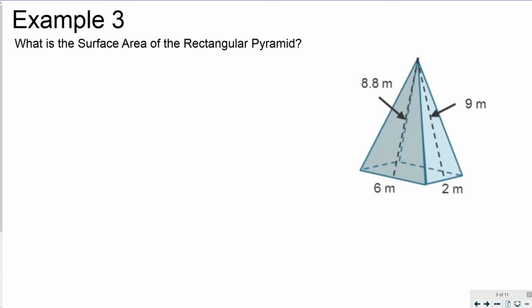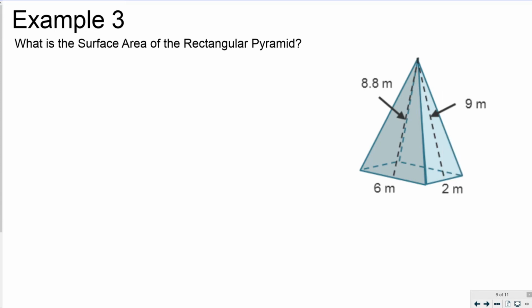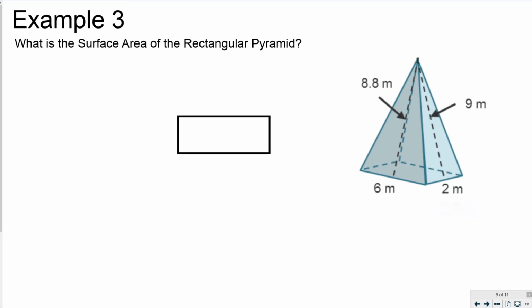And then the next one we're going to do is a rectangular pyramid. So I'm going to unfold the shape just so you kind of get an idea of the kind of shape that we're dealing with. So we would have a rectangle like this, and we'd have some different measurements here. The first measurement would be that this is 6 meters.